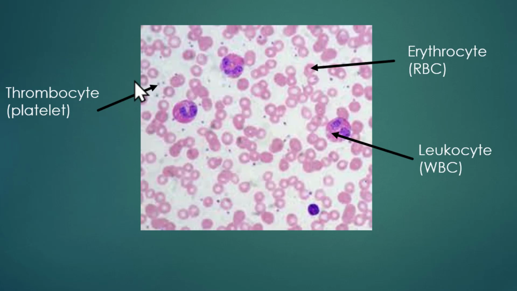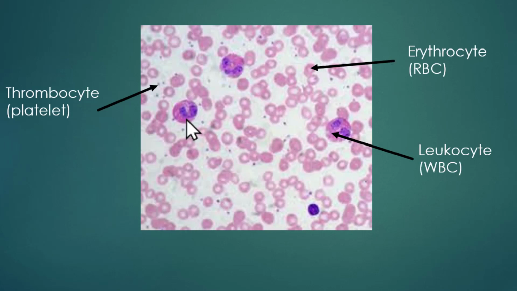So when I look at blood, the cell I see the most of are these little red donuts. Those are your red blood cells, or erythrocytes. Erythro meaning red. That's the Greek word for red. So this is red cell. On the test, you've got to say erythrocyte because that's the proper name. Now, most of the time we call them RBCs, but for this test, you need to know the name.